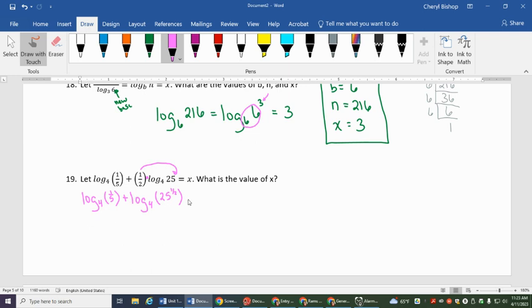So what does this really become? 5. This is really log base 4 of 1/5 plus log base 4 of 5, because you're really square rooting that 25. When you're adding two logs together that have the same base, then you can multiply the two ofs together.